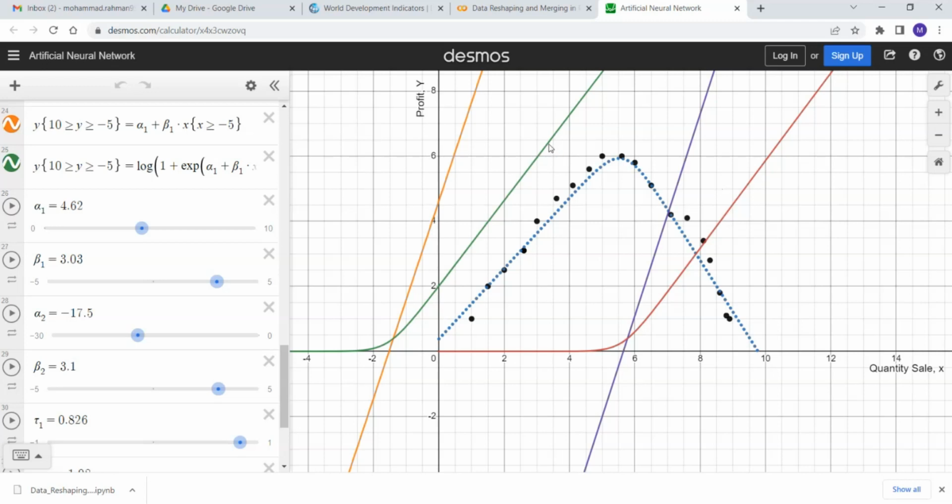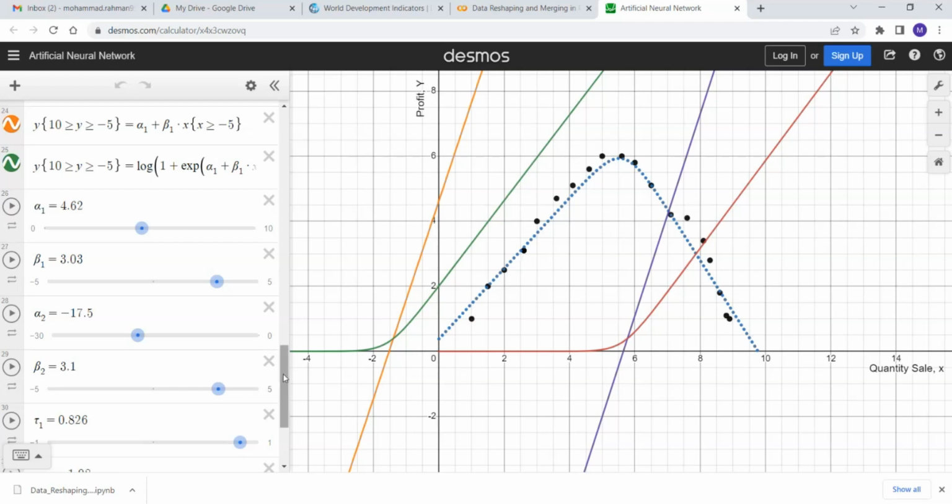Then adding the green line and the red line with some weighted average, plus adding b, we get this small dotted predicted profit line, and the black dotted lines are, for example, the actual profit. So these small blue dots are predicted values which are very close to the actual black dotted line, I think.